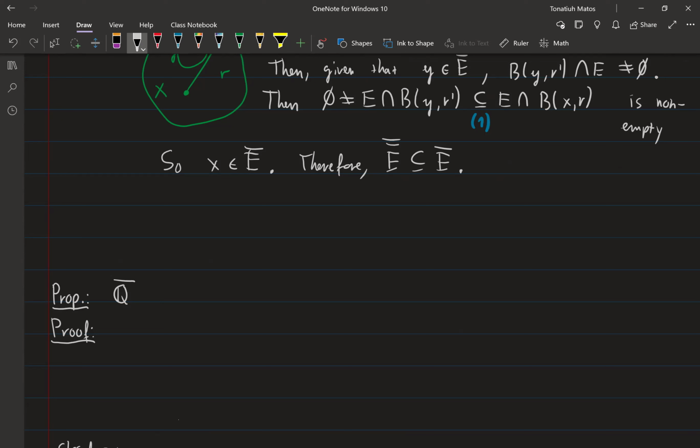The rational numbers are neither closed nor open. They are not open because they cannot contain any ball, right? Any ball cannot consist of just rationals because it has to actually be uncountable. And it cannot be closed because of what I'm about to show you right now.